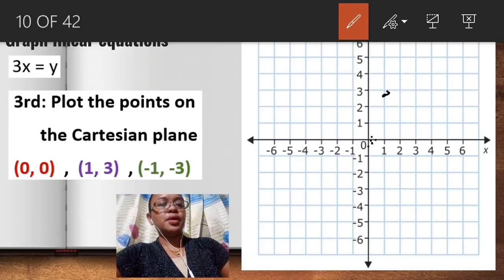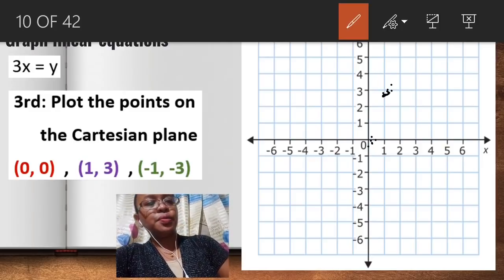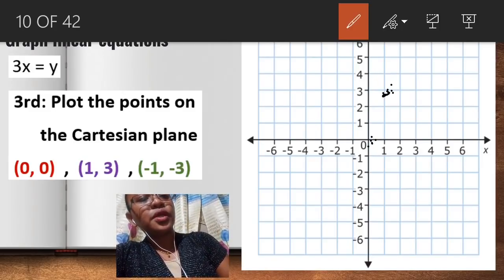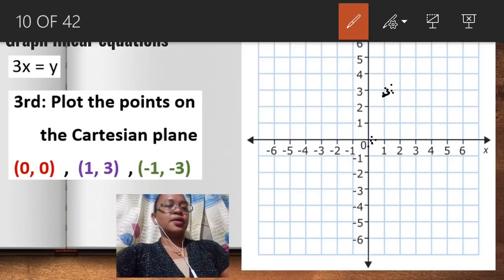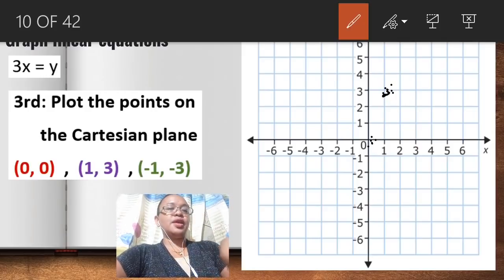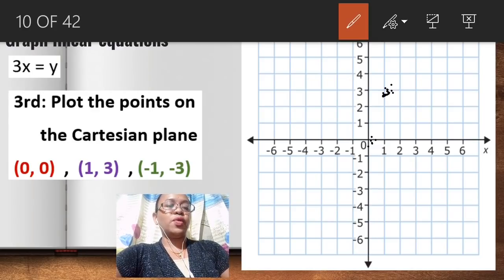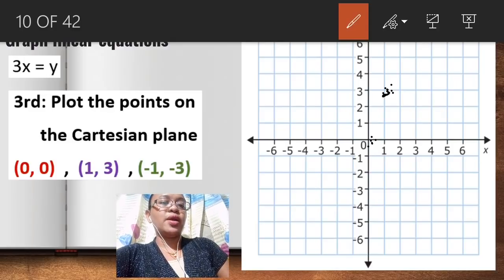I hope it will be that part. This one. Okay. And then the negative 1, negative 3 is in here. Negative 1 and then negative 3. Somewhere here.